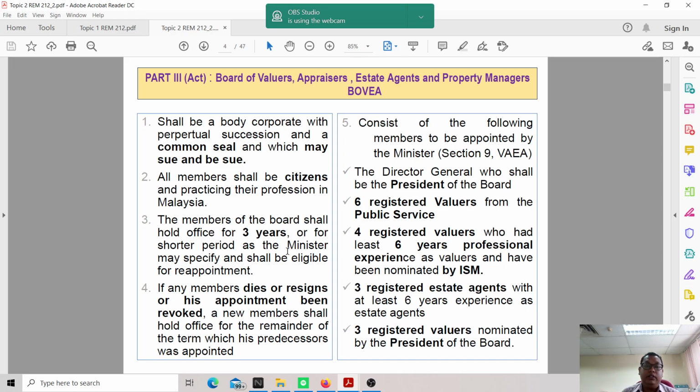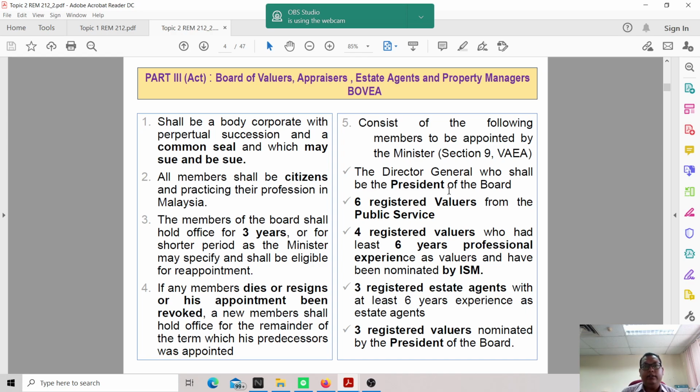So the minister has the power to appoint the people to become members of the board. If any member dies or resigns or his appointment is revoked, the new member shall hold office for the remainder of the term. So it consists of members appointed by the minister. Of course, number 1 is the president of the Board of Valuers.